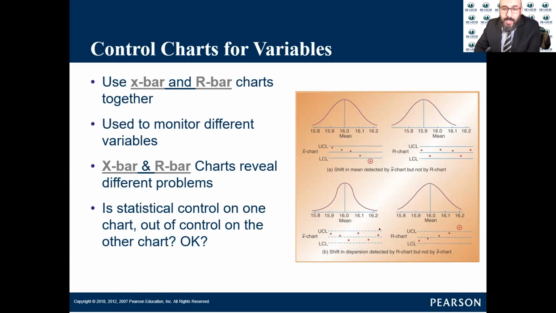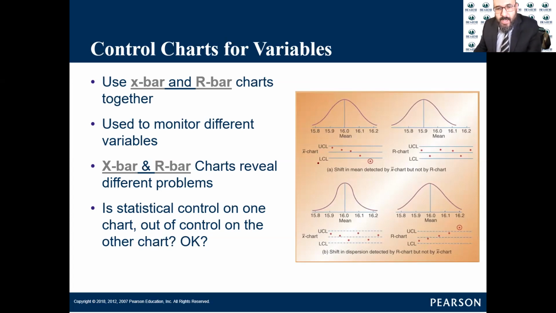Is that okay? What I'm saying in this slide is that there are two different measures. One measures the variation based on the standard deviation, based on the average, but the other one is based on the range, and each will give you a different interpretation.